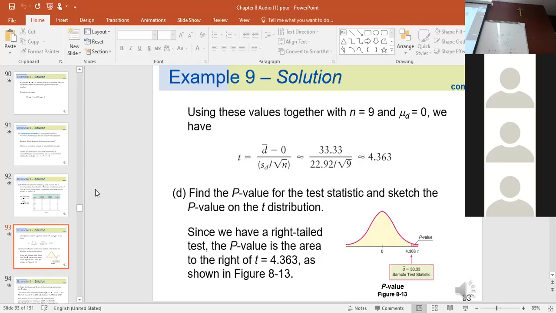So the conclusion will be at alpha equals 0.01, there is enough evidence to support the claim that counseling will reduce anxiety. Do we get this? The conclusion will be there is enough evidence to support the claim that counseling, so hospitals should spend money to hire a psychiatrist that will help reduce anxiety for those who are going in for surgery.